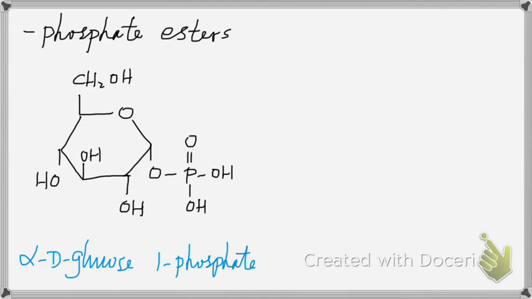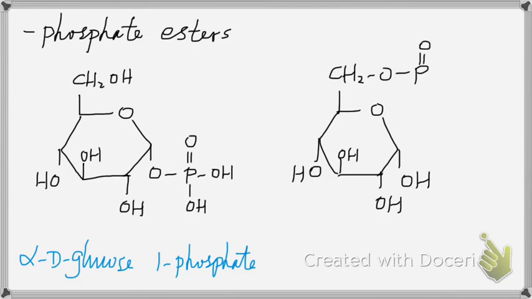So this structure is alpha D glucose 1-phosphate. And if we have the phosphate attached to a different OH group, like in this second example, that's alpha D glucose 6-phosphate. And these phosphate esters play important roles in the metabolism of carbohydrates.